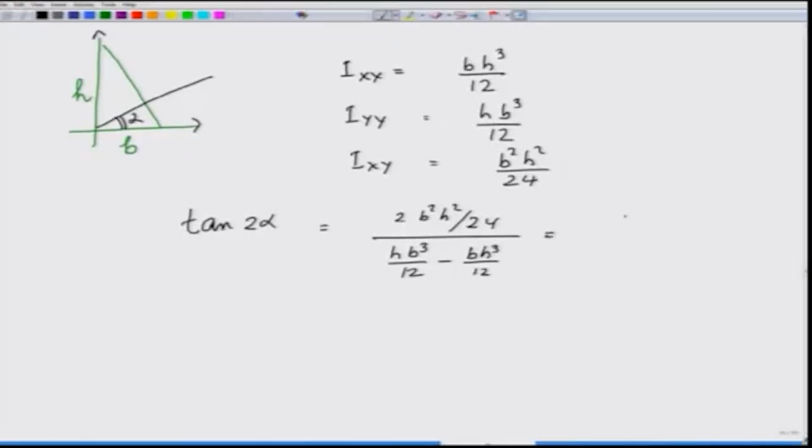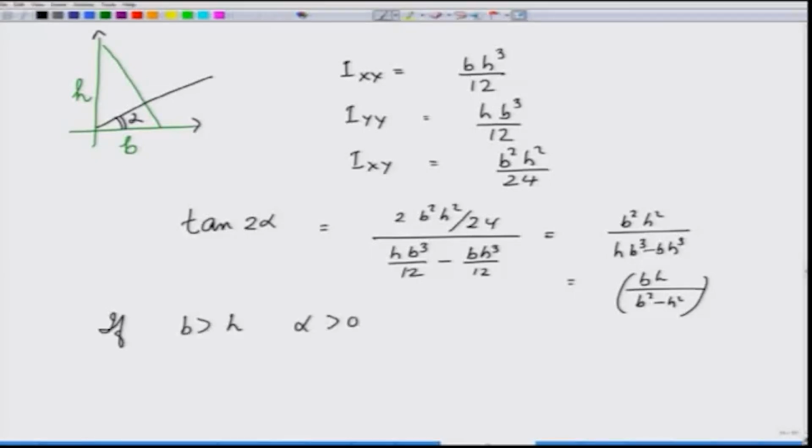So, this gives me b squared h squared over h b cubed minus b h cubed, which comes out to be b h over b squared minus h squared. So, if b is greater than h, alpha comes out to be greater than 0. If b is less than h, alpha comes out to be less than 0. These are the principal axes.